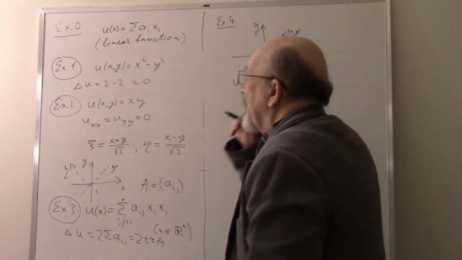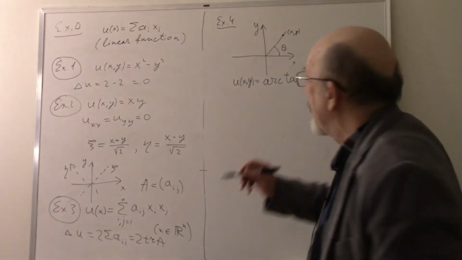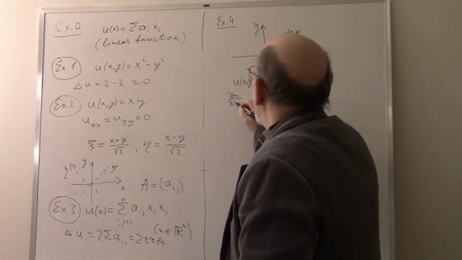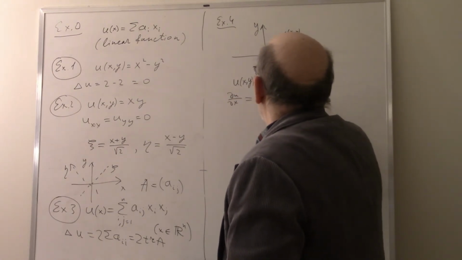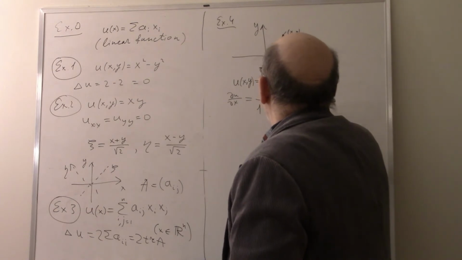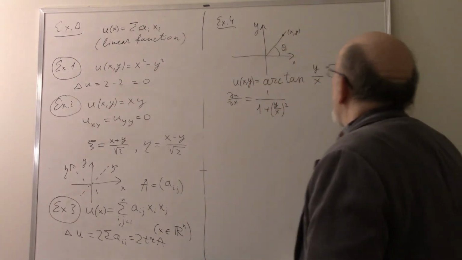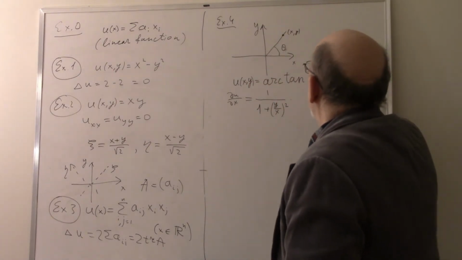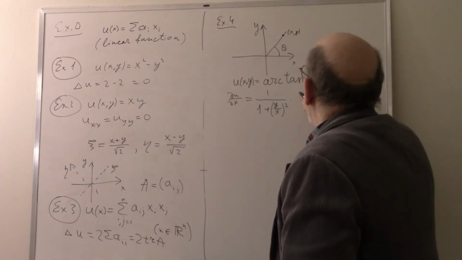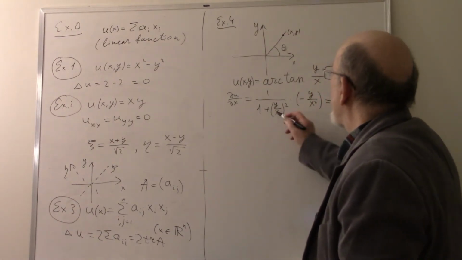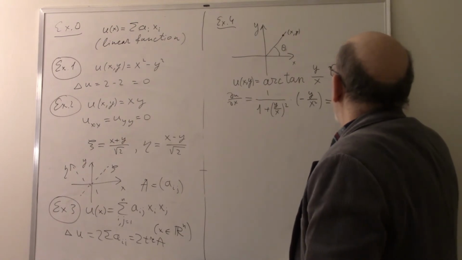So I claim that this is a harmonic function. du/dx equals 1 over 1 plus (y over x) squared times derivative of this with respect to x. It is minus y over x squared, equals, now we can move x squared here. It is minus y over x squared plus y squared.